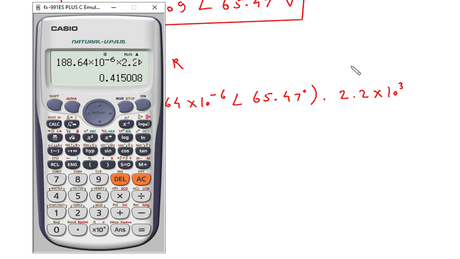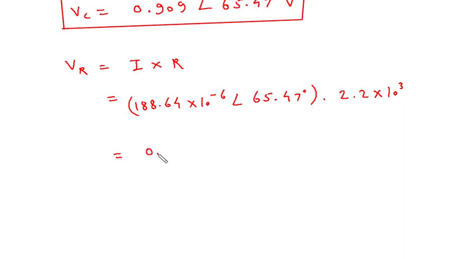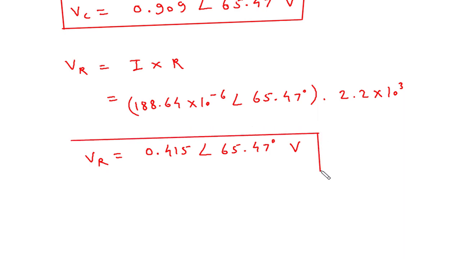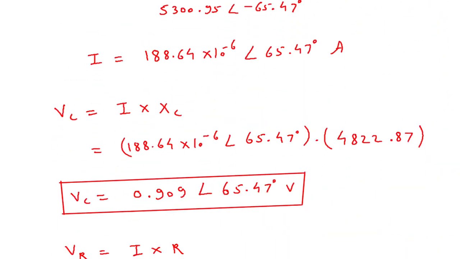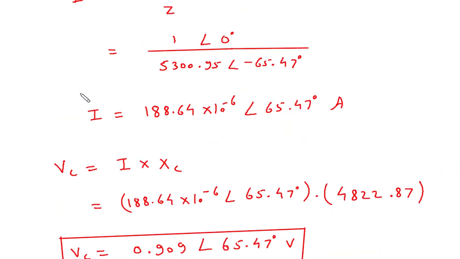So it is 0.415 at an angle of 65.47 degree, and its unit will be volt. So this is the voltage across resistor and this is the voltage across capacitor. This is the total current flowing through the circuit.